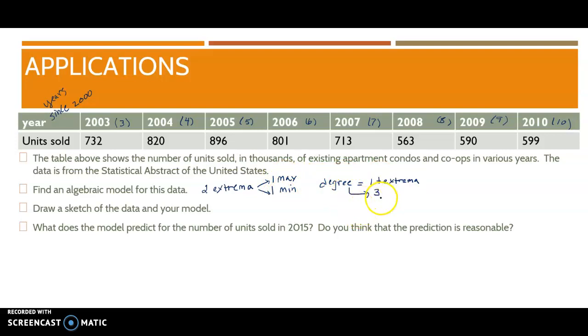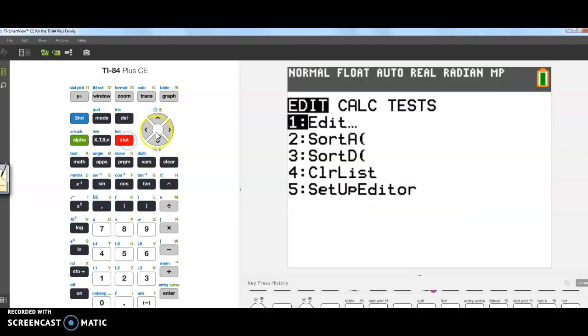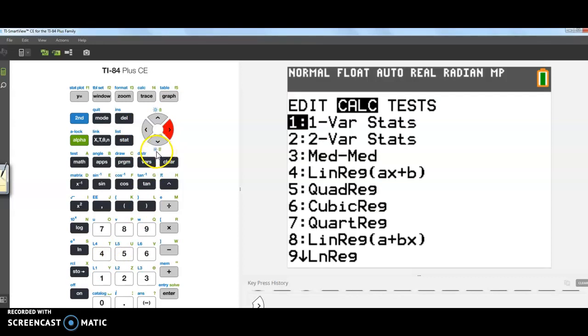So in my calculator, I'm going to pick cubic regression so that I have a function that will have the right number of extrema. So in order to pick the cubic, I go into Stat, over to Calculate, and down to item 6, cubic regression.